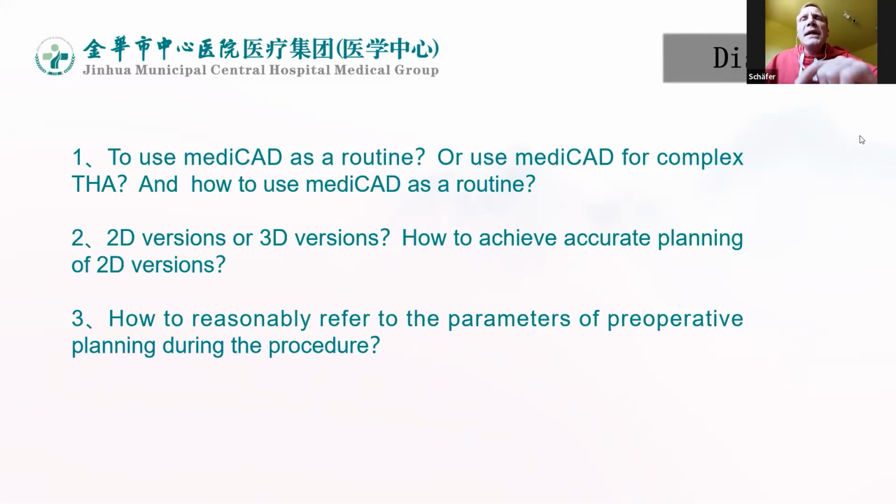It's practically easy to have a printout, and you can read what the size is. The stem is this size, the head is this size, the neck is this size, the cone is this size.